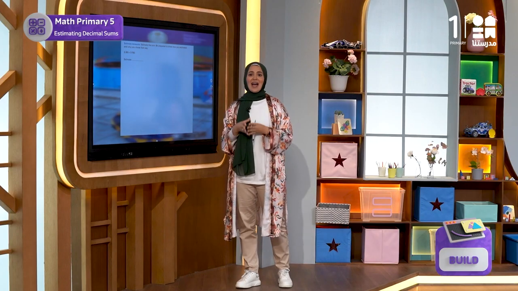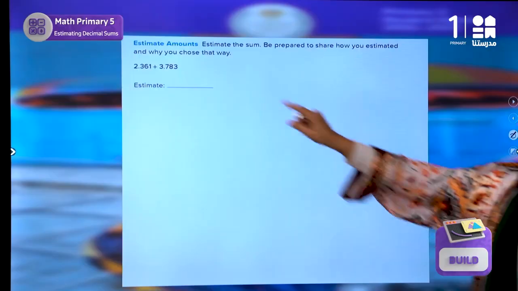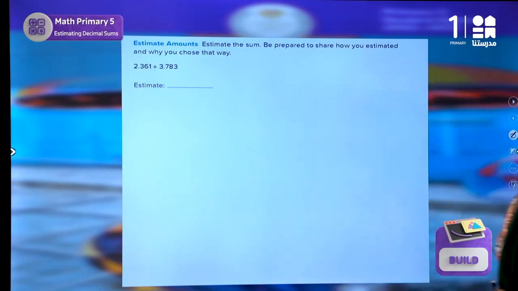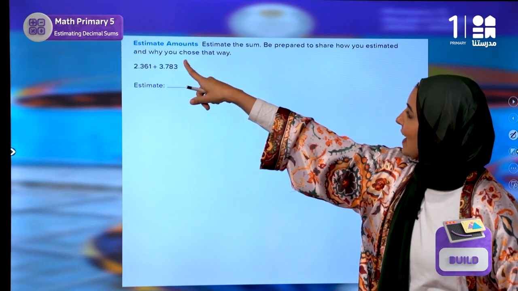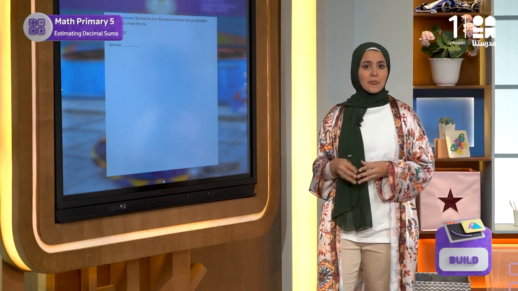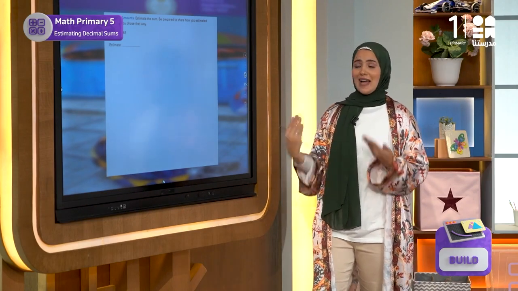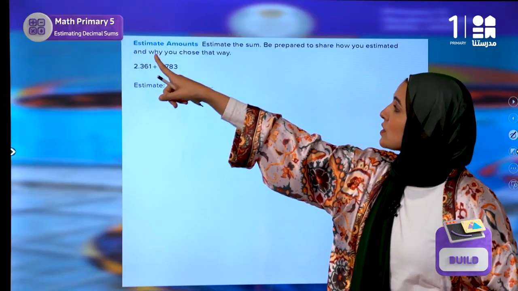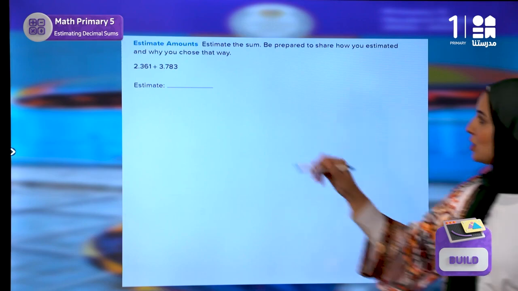Here, we are asked to find the sum of 2 ones and 361 thousandths plus 3 ones and 783 thousandths. Some of you might think of using the front-end estimation. So, we estimate the number 2 ones, 361 thousandths to 2.